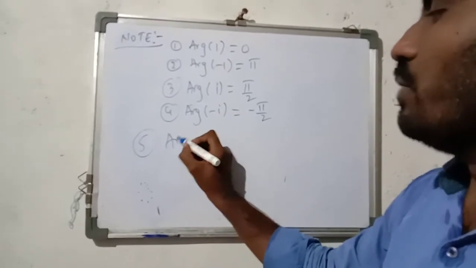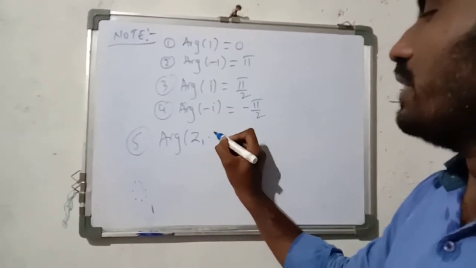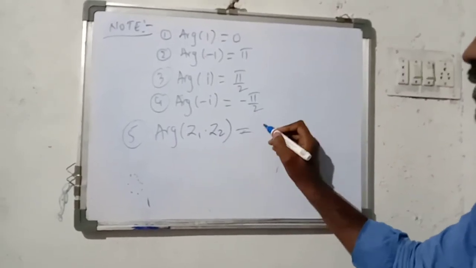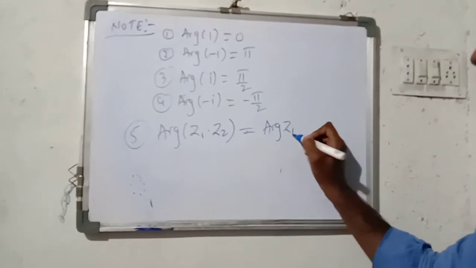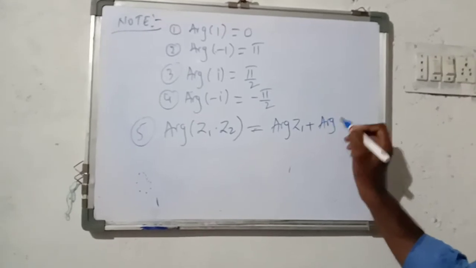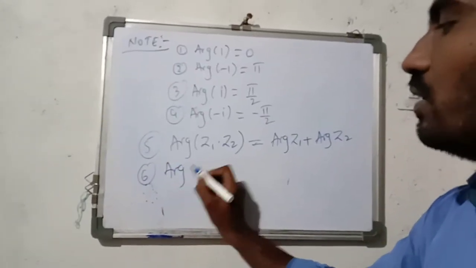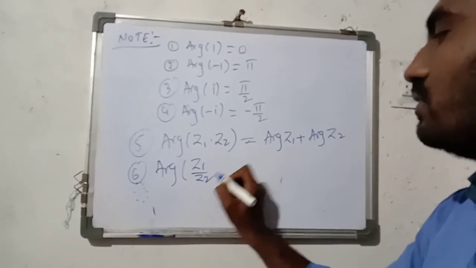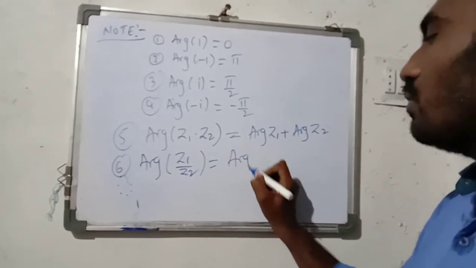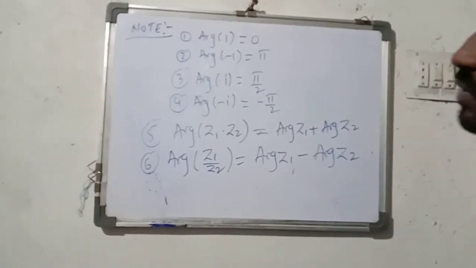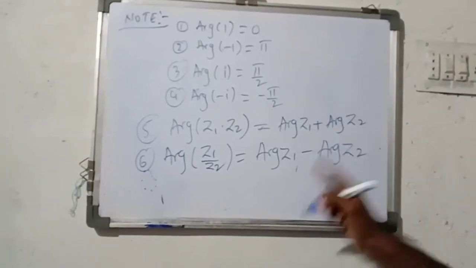Argument of z1 into z2 equals arg z1 plus arg z2, and the last one is argument of z1 by z2 equals argument of z1 minus argument of z2. You have to remember all these points.